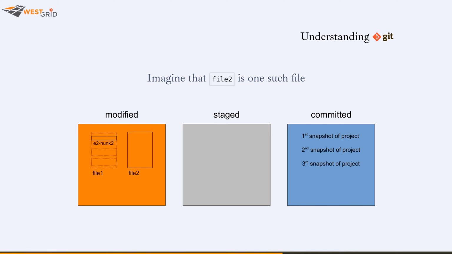So let's imagine that file 2 is one such file. It's the output of running a script, for instance. So we're not going to put it under version control, but we also don't want Git to tell us that there is this unstaged file, file 2, all the time. We want to be able to have a clean working tree.